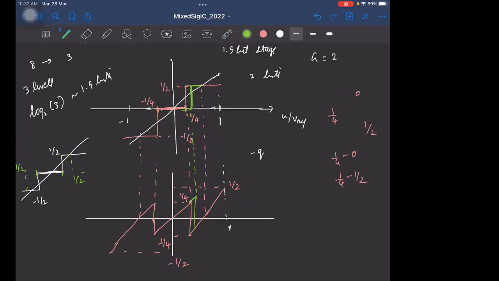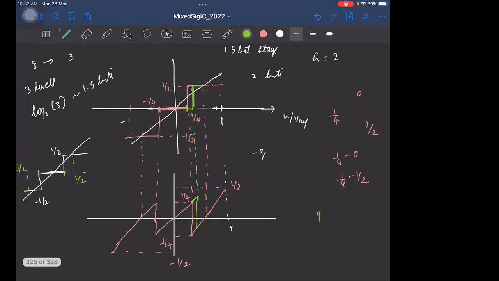So now the quantization error is beyond 1/4, but it is still less than 1/2. Right. I mean, I'm assuming a small error, right? So the quantization error here is still greater than 1/4. But as long as it is less than 1/2, if you use a gain of 2, we are not going to saturate the next ADC. Is that clear? Okay.